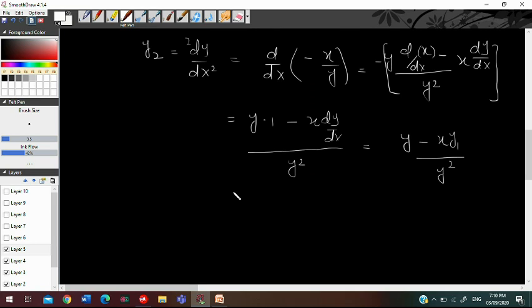for the second derivative. So y is equal to, what is the value of y? The y value is a sine theta, minus x.